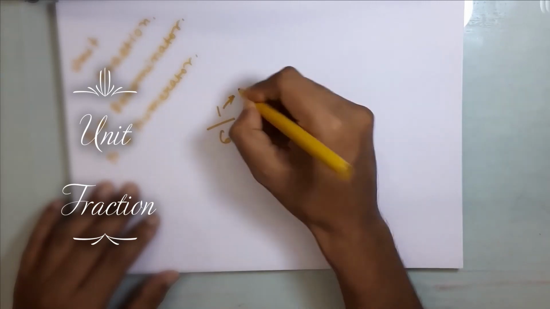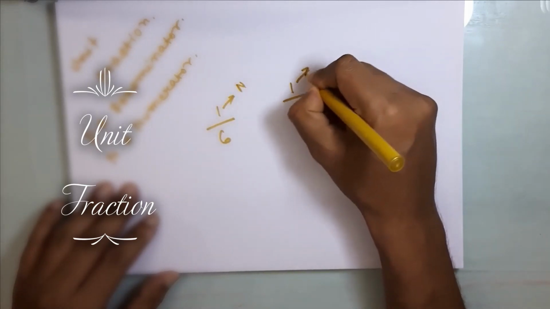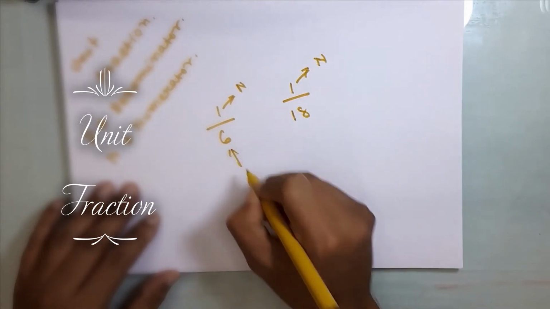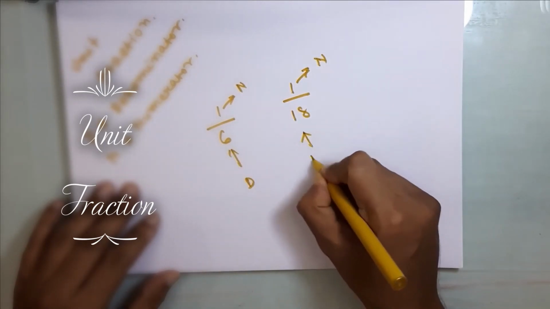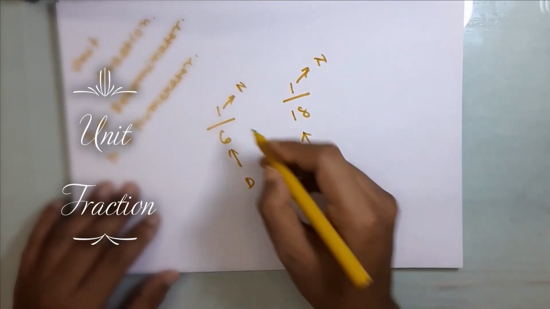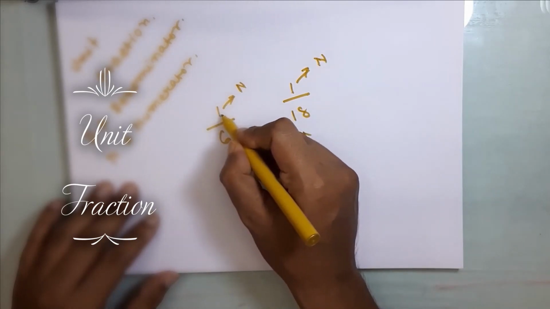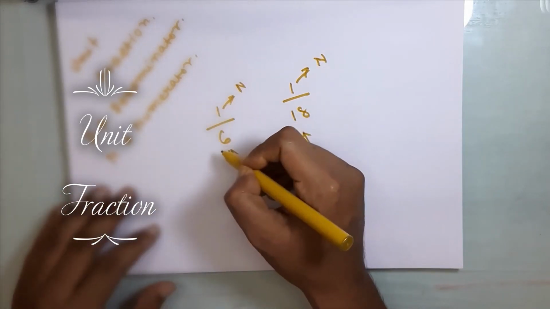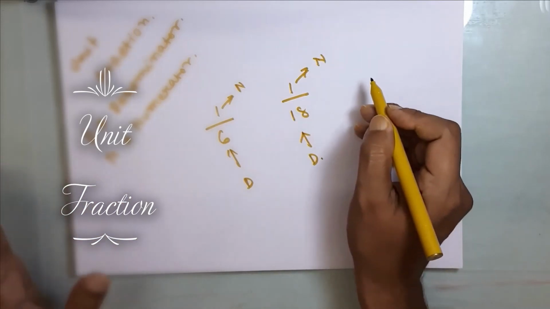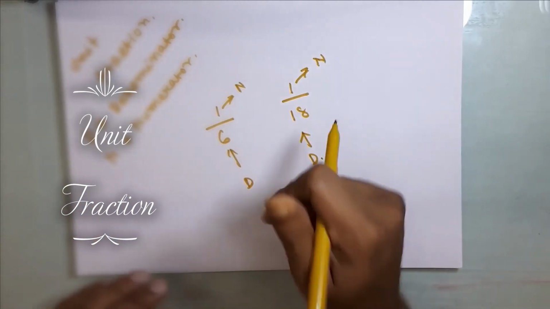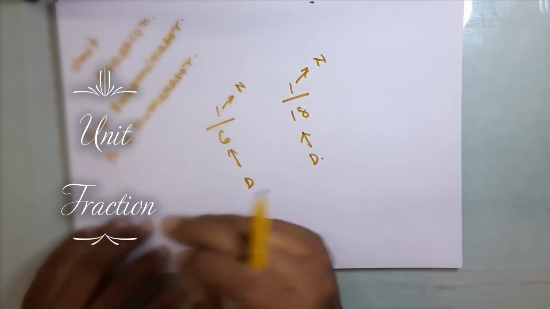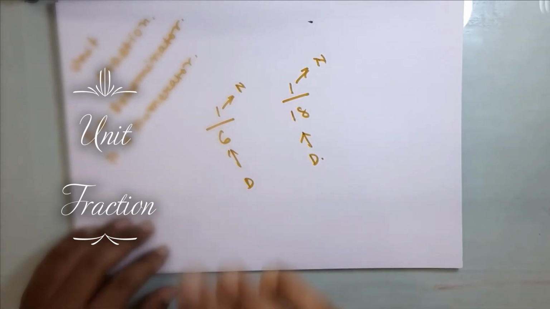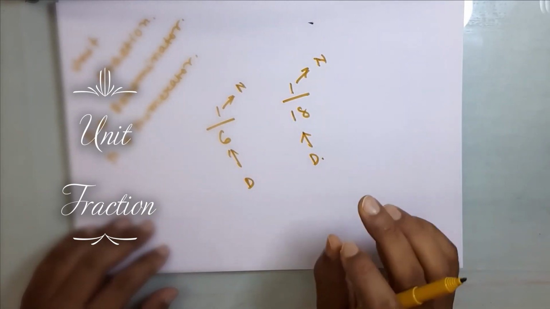Here this is your numerator, this is your numerator, and this is your denominator, this is your denominator. So whenever we write numerator as 1, we call it a unit fraction. Both of them are proper fractions, because your numerator is less than denominator. So in addition to proper fraction, this will also be known as unit fraction, where your numerator is 1.